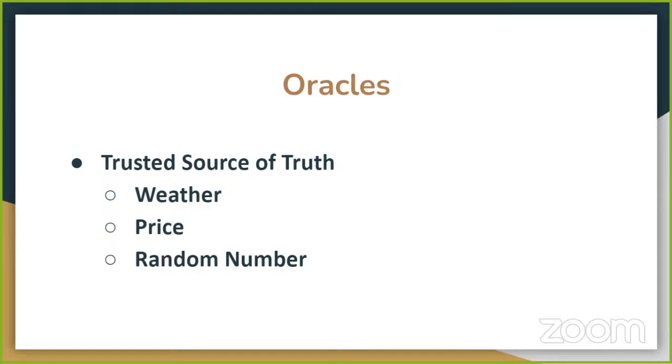Another question: what is an external library and how can it be modified? I think Happiness explained. Happiness, do you want to take this? Yes, I already explained what an external library is. It's simply code that you are not the one who wrote.